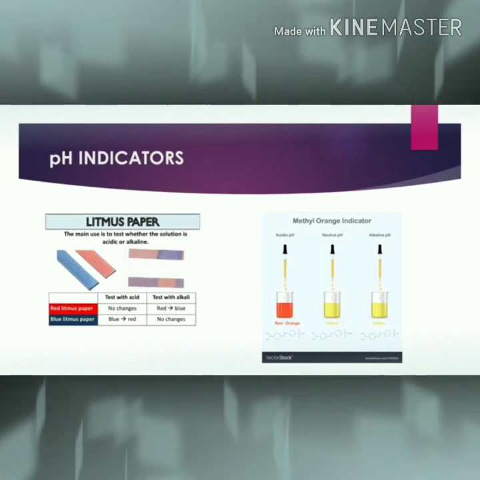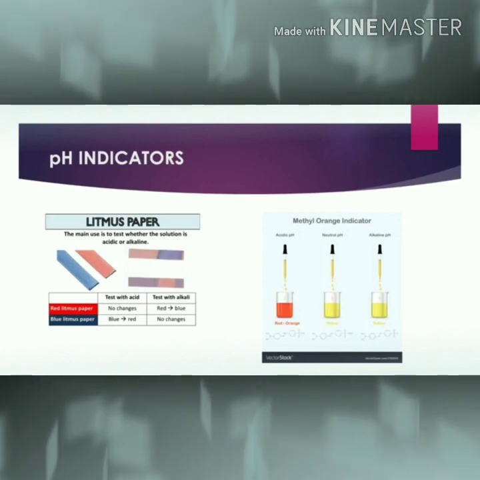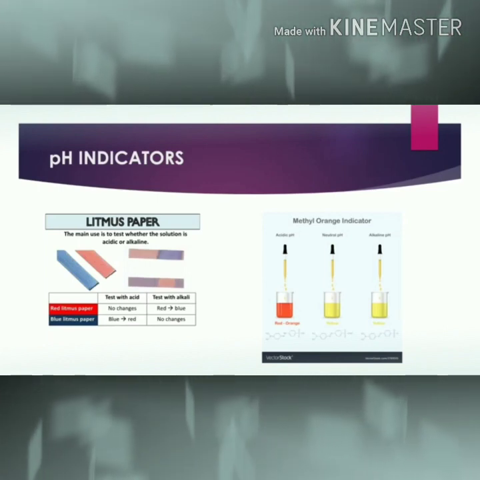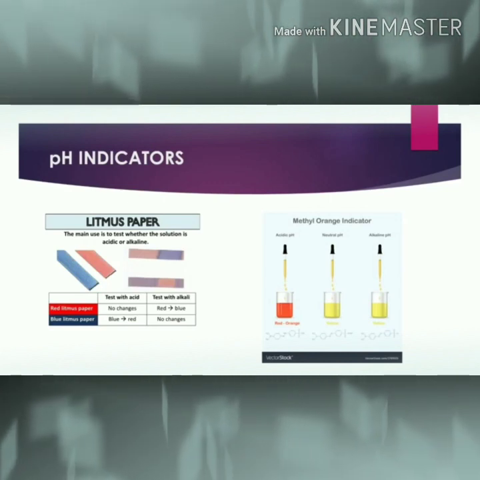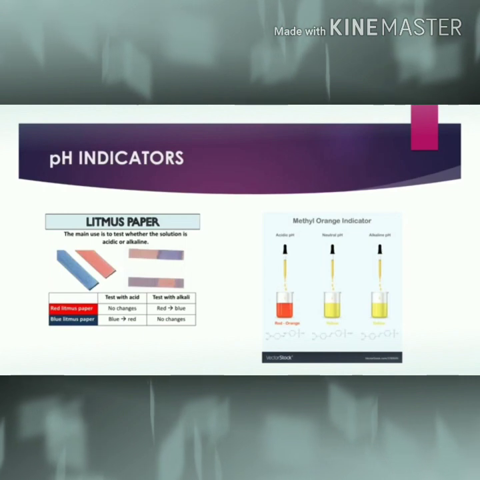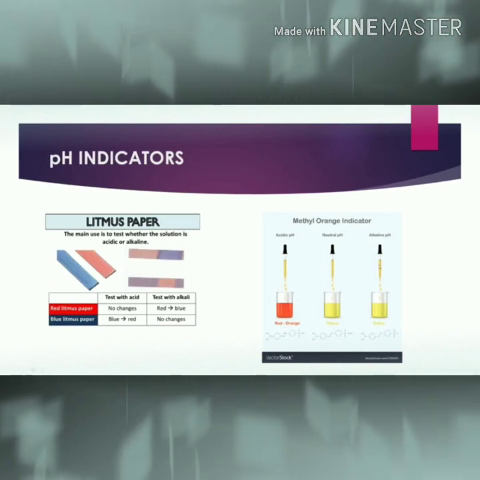Similarly, if you put blue litmus paper in an acidic medium, you will find it change from blue to red. So we can say that acid turns litmus paper red and alkali turns litmus paper blue.